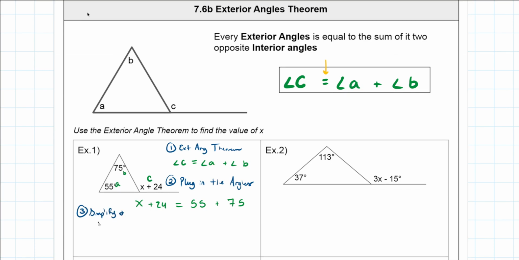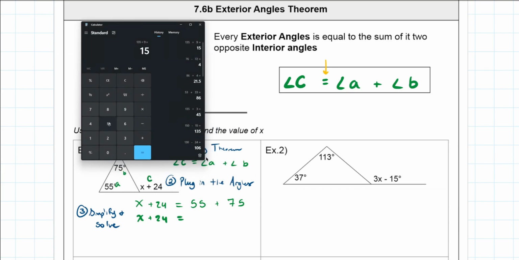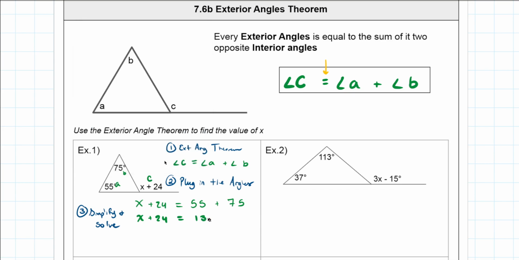Let's simplify. Anything I can combine on the left side? No, there's nothing I can combine on the left side. So that's going to stay x plus 24. I can combine the 55 and the 75, though. 55 and 75, that's 110? No, 130. Mr. Grapp is having a brain fart here. Let's use the calculator. 55 plus 75, 130. There we go.